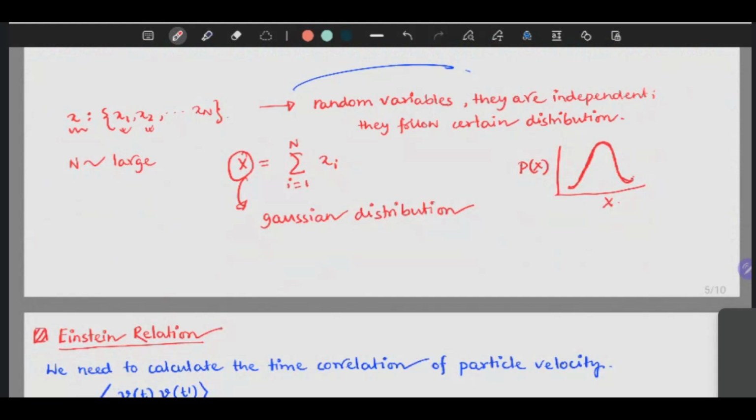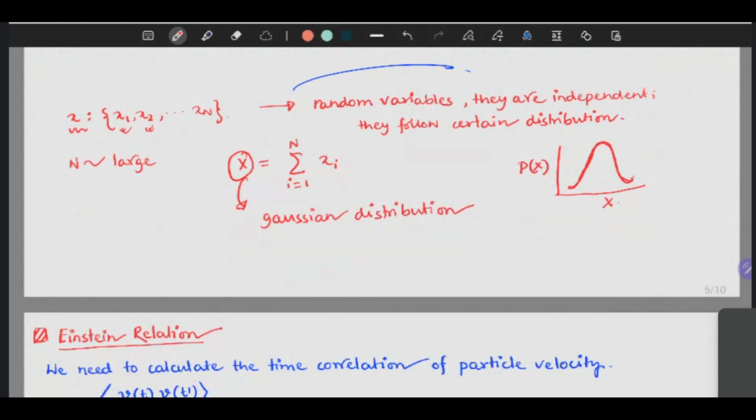Similarly v(t prime) is v0 e to the power minus t prime by tau v plus 1 by m integral from 0 to t prime dt2 e to the power minus (t prime minus t2) by tau v fr(t2).